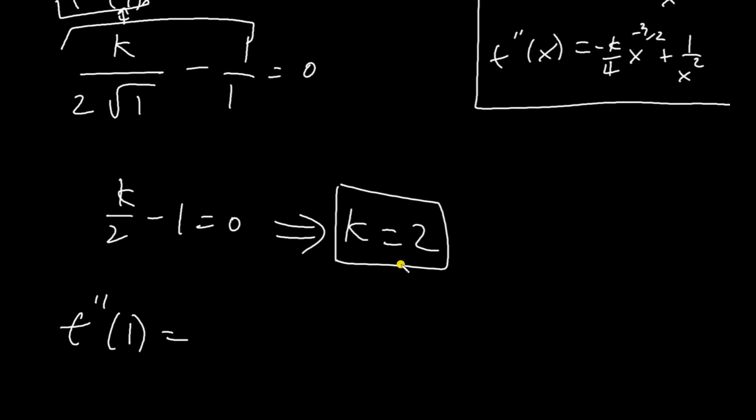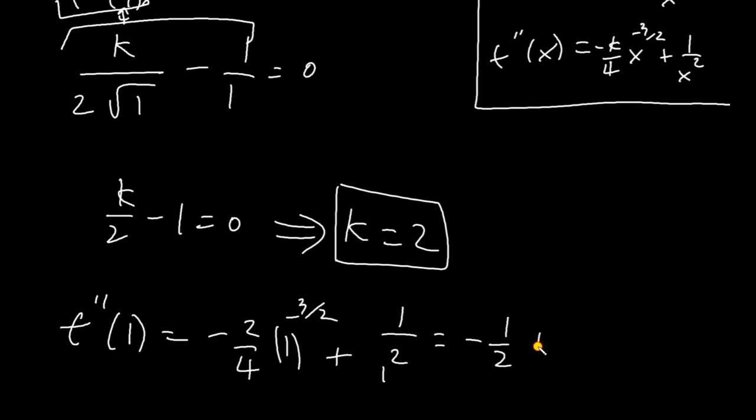So let's find the second derivative at 1. Okay? So let's see, we know k is 2, so I can plug in negative 2 over 4. Okay, and then I'll plug in 1 in for x. Plus 1 over 1 squared. Simplify that to negative 1/2 plus 1, which is 1.